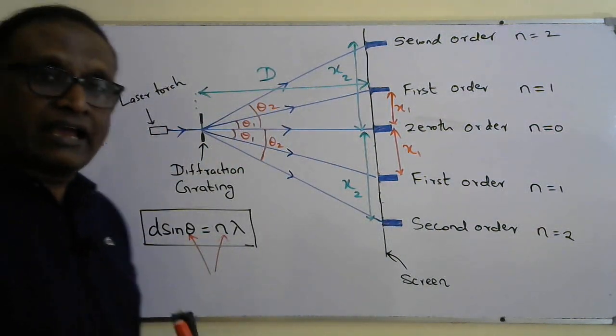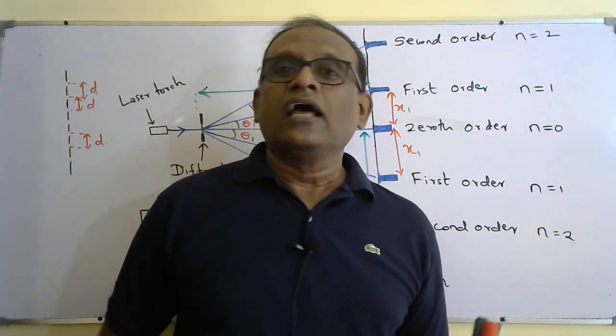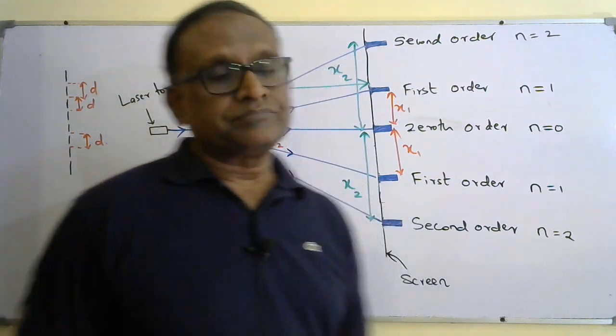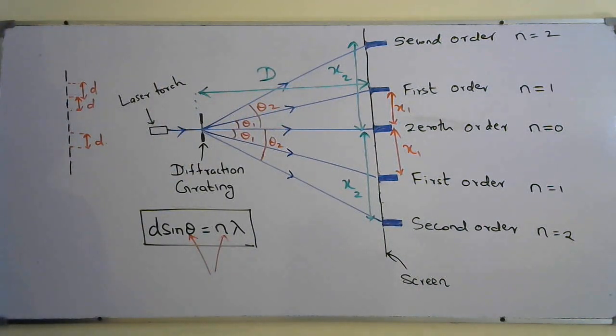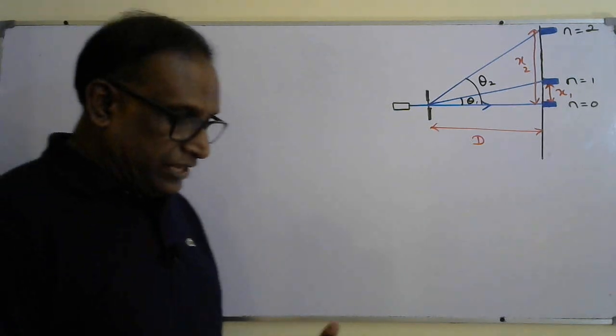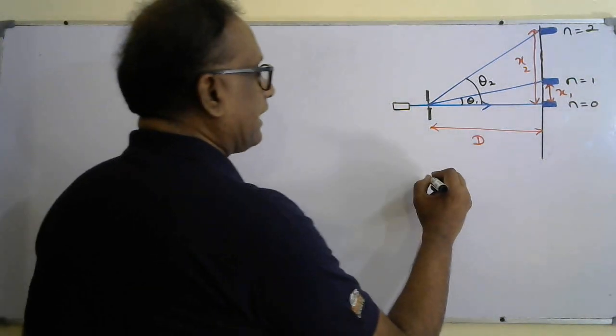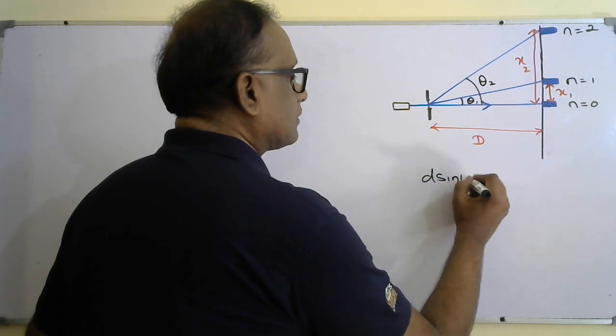Different wavelengths will have different amounts of diffraction, so they'll create different bright bands on the screen. Okay, so the equation related to diffraction grating is d sine theta equal n lambda.